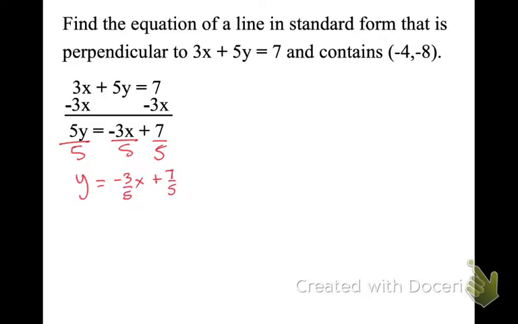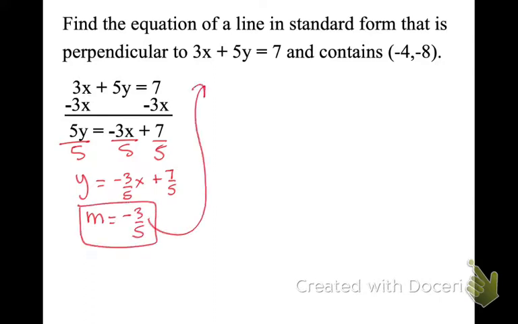Now the b doesn't matter. The only thing I need out of here, m equals -3/5. That's all I need. Once I find that, they want perpendicular, so the perpendicular slope will be opposite sign, which is positive, and 5/3.